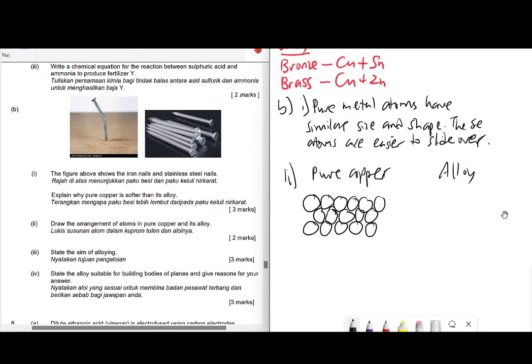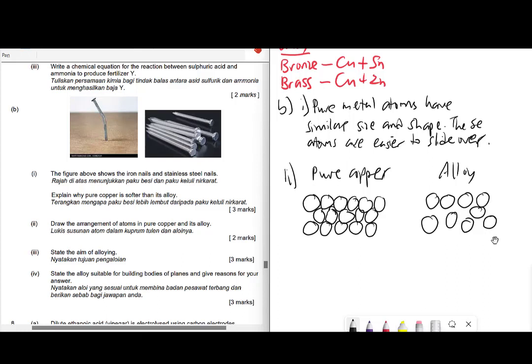So for the alloy, now you introduce two different elements. Like you have copper, and besides that you also have either tin or zinc. So you're going to draw different sizes. Okay, so 1, 2, 3, 4. You don't need to draw in layers, because the layers are no longer arranged properly when you introduce different elements.